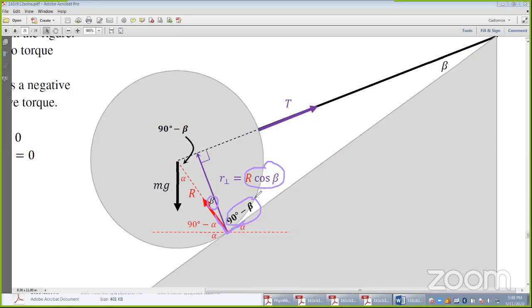You could also say R sine of 90 minus beta. But remember that trick that we memorized earlier, cosine beta and sine of 90 minus beta are equal. But I just wanted to point out that I had to use this triangle up here. And that was kind of sneaky.